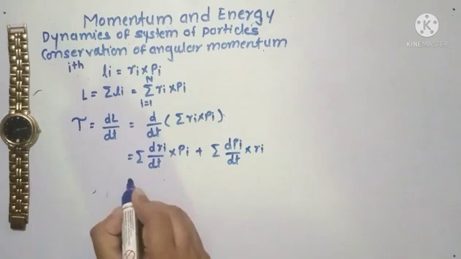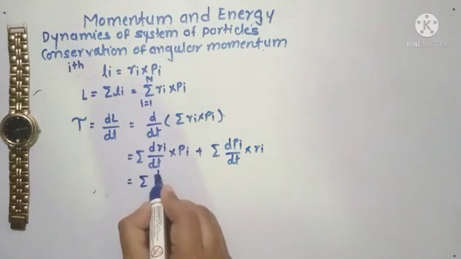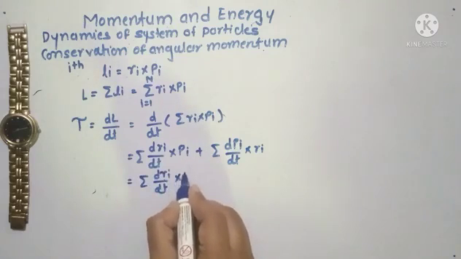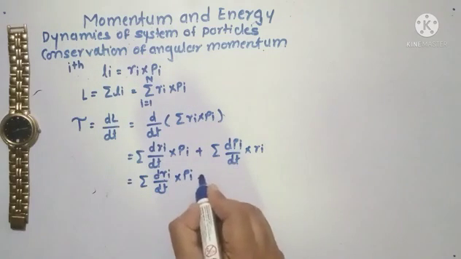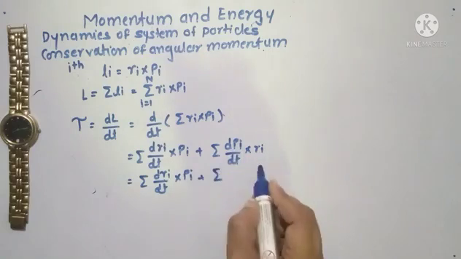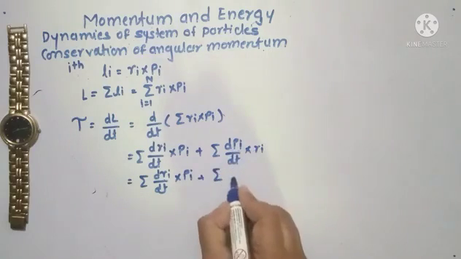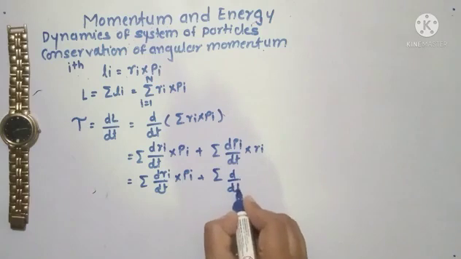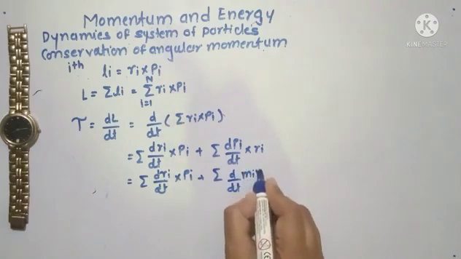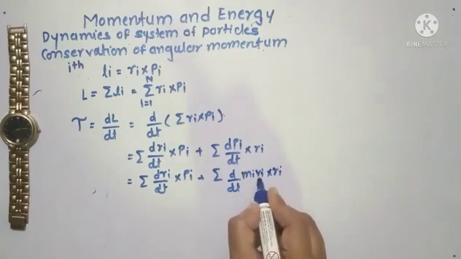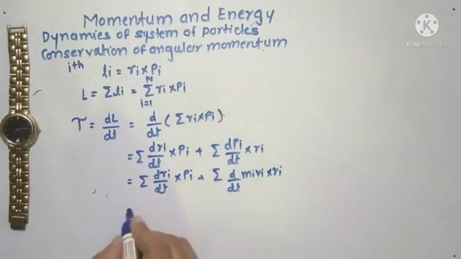So this summation of dri upon dt cross Pi, and if we put the value of this Pi as mivi, and vi is nothing but dr upon dt again.